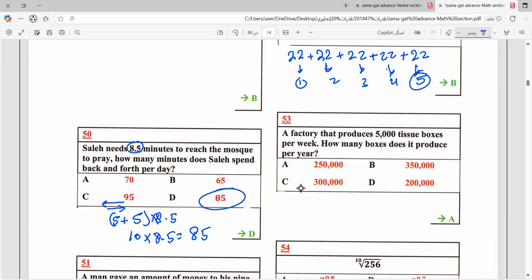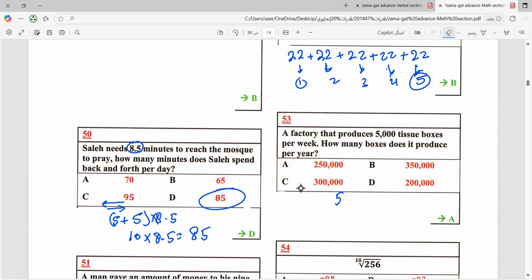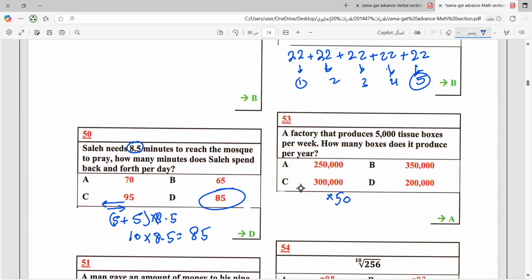In the Gregorian calendar, 52; in Hijri, about 50. If you write 50 or 52, you find the nearest number. So 50 weeks times 5,000 equals 250,000. So the answer is A. Right, correct.